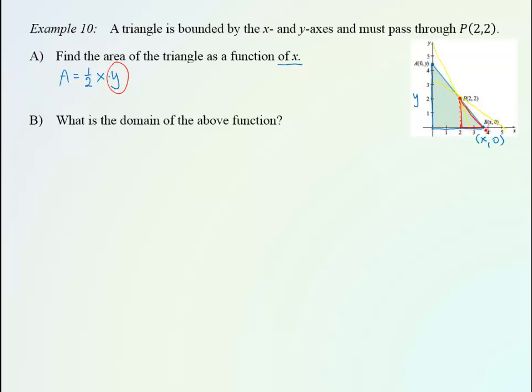What do we know about the sides? We know the sides of blue triangle as x and y, and the expressions for the sides of the red triangle can be developed by using the fact that this point has coordinates 2, 2. So this distance corresponds to second coordinate of point P. Therefore, it's equal to 2.